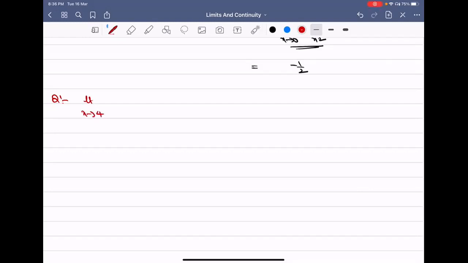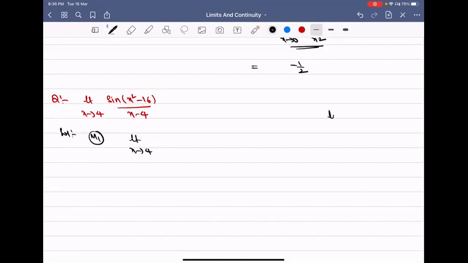Limit as x tends to 4 of sin of x squared minus 16 over x minus 4. Suppose this is the question. So without using infinitesimals, in the normal method, how do we solve the problem? Method 1: limit as x tends to 4. Here, as x goes to 4, this goes to 0, because 16 minus 16 is 0.